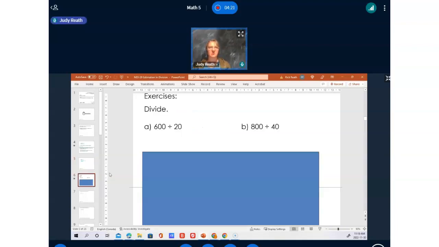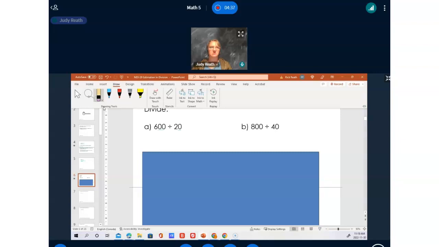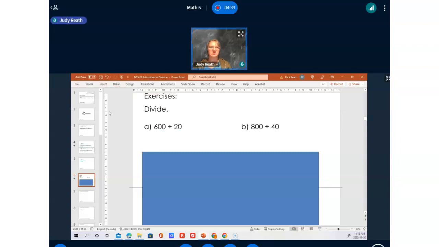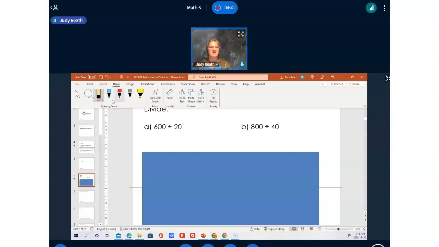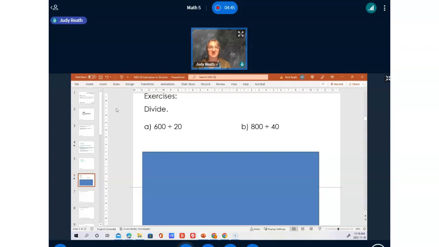In this one, we can do the same thing, but now look, here's why I don't want to just talk about cutting off zeros, because some students would be tempted to say, oh, I can cut off these 2 zeros and this 0. And that's not the way it works. We cannot do that. You have to understand that you can only take off as many zeros in the dividend as you have in the divisor.